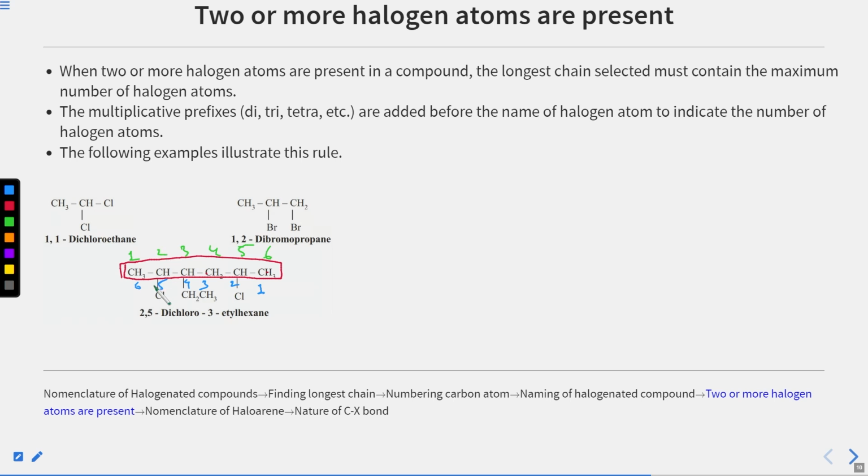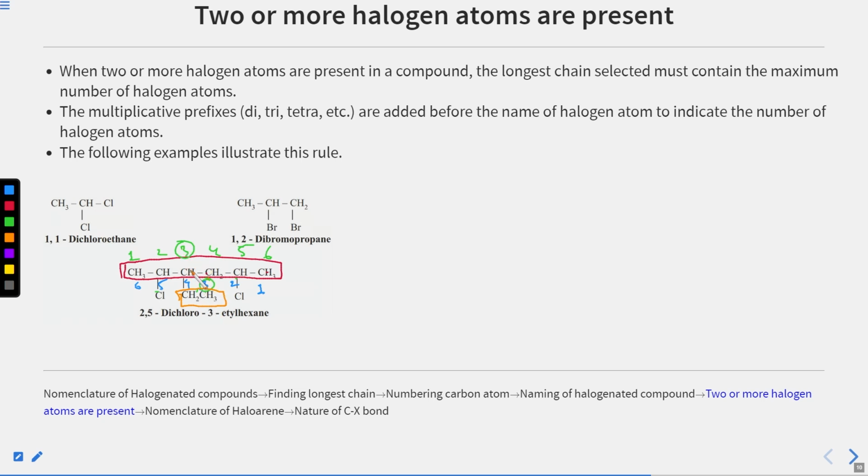Here also at 2 we have chlorine, and here also at 2 we have chlorine. Now we will move to the next carbon. For this we will move to the 3rd carbon, and for this we will move to its 3rd carbon. Now its 3rd carbon has a substituent present, but for this 3rd carbon no substituent is present, so it is coming here at the 3rd position. So we'll do the numbering from the left side.